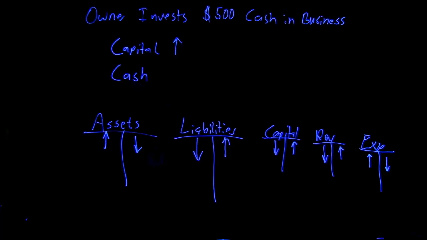Our cash asset, we're going to have $500 infused or incoming in the business, so that means our cash asset goes up. So capital is part of owner's equity, and cash is an asset. So when owner's equity goes up, it's a credit.